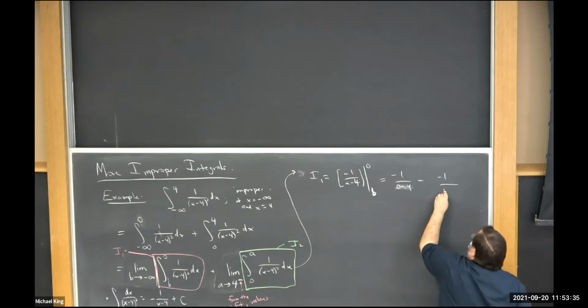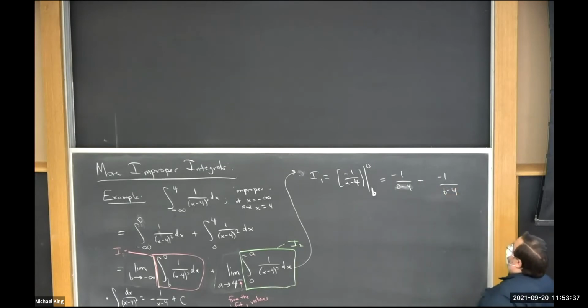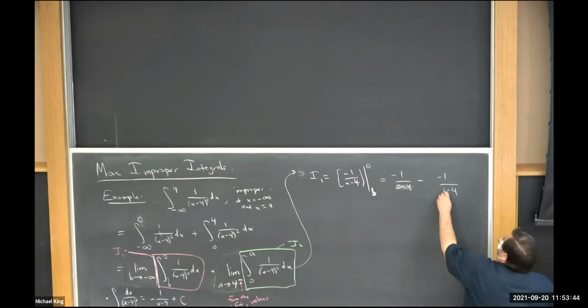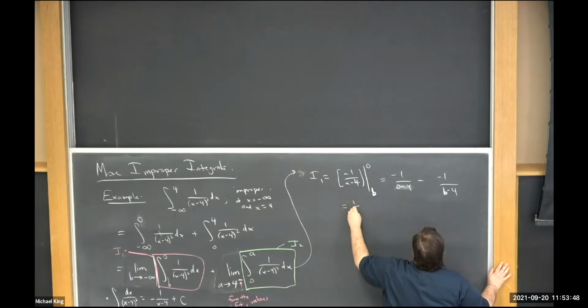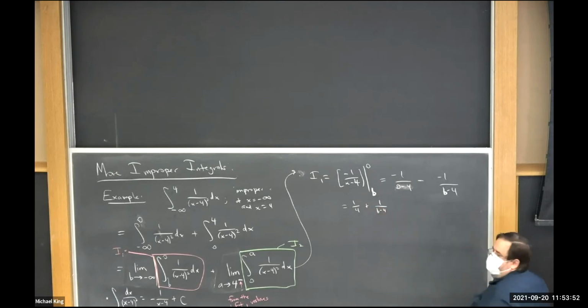Write this down as carefully as you want. Minus 1 over 0 minus 4 minus, minus 1 over b minus 4. So that's 1/4 plus 1 over b minus 4, right?